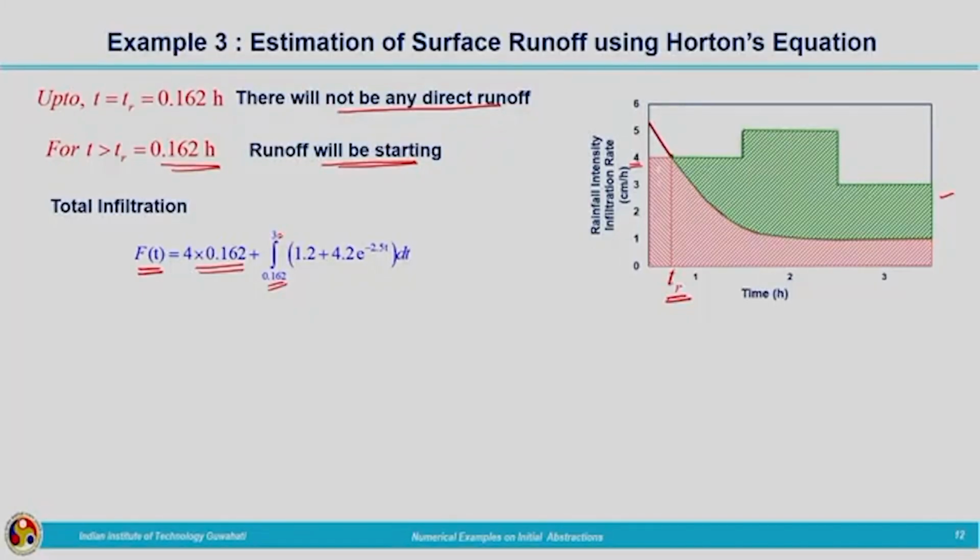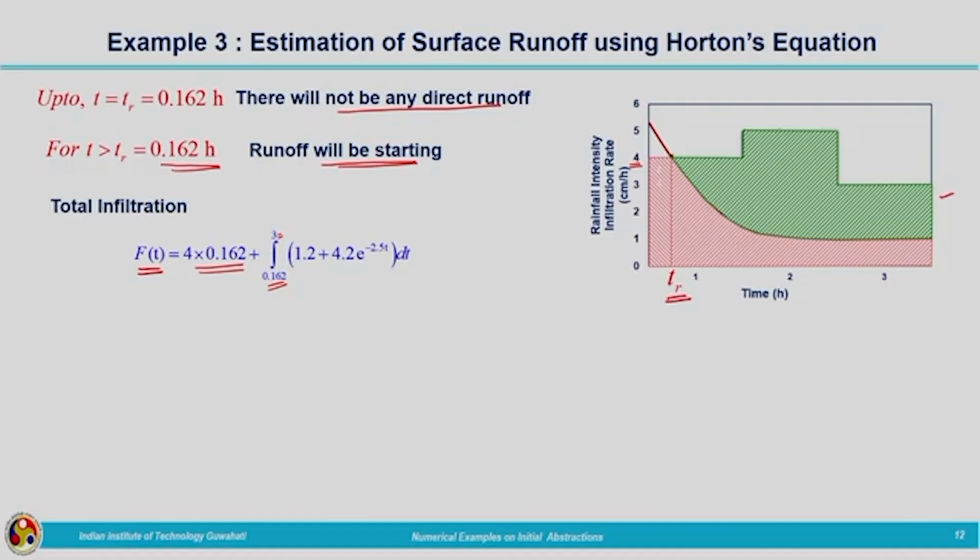So, the time duration we are dividing into two parts, that is 0 to tr and tr till the end of the rainfall. For 0 to 0.162, whatever the intensity of rainfall is, the entire value is converted to infiltration. So, the total infiltration up to time t equal to 0.162 can be calculated by using 4 into 0.162, that is I into TR, which will give you the cumulative infiltration up to t equal to TR.